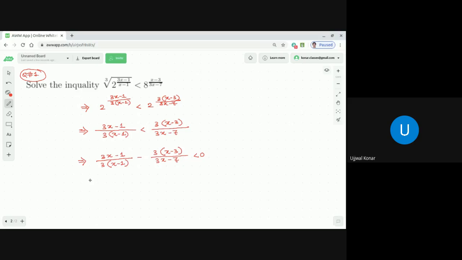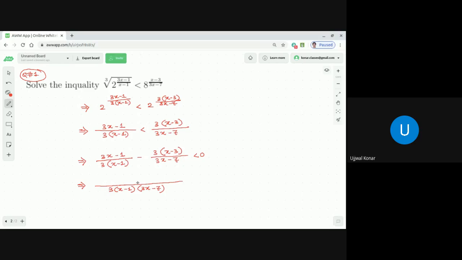If we simplify, what are we going to get in the denominator? In the denominator, we are going to get 3 into (x minus 1) into (3x minus 7). You also do it, dear students, along with me.